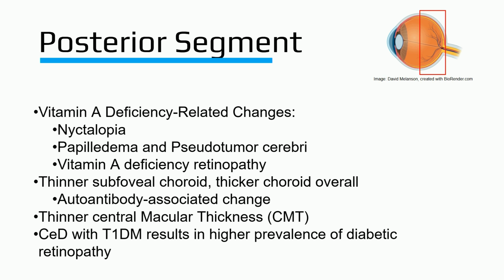So again, with corneal refractive surgery, you're trying to correct these people's vision, but how much vision is really able to be corrected if you have some of these other effects, including thinner central macular thickness and such. And then the final point there too, celiac disease being comorbid sometimes with type 1 diabetes.